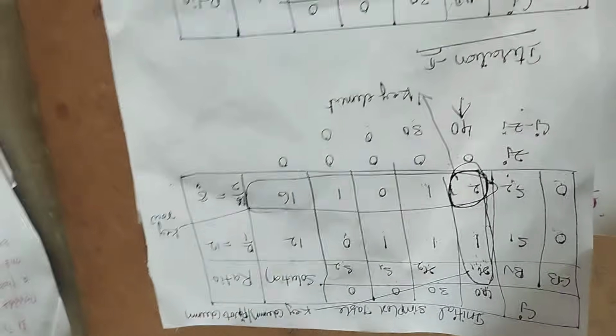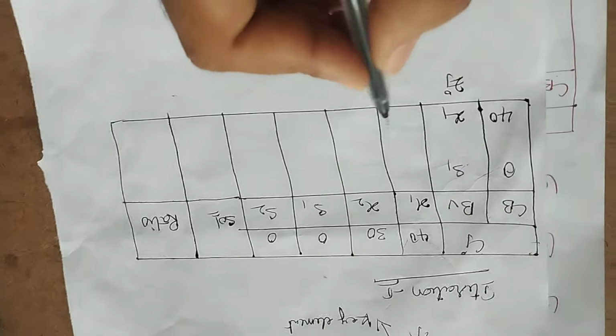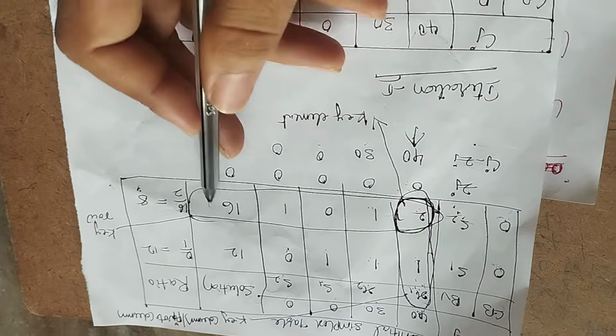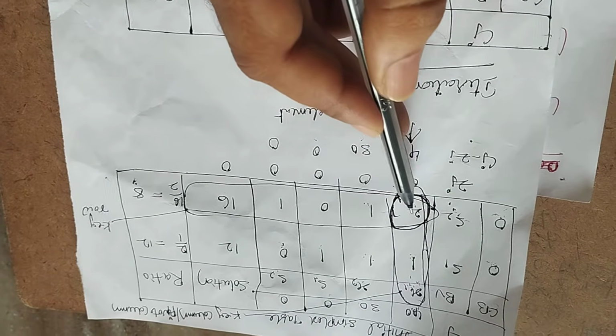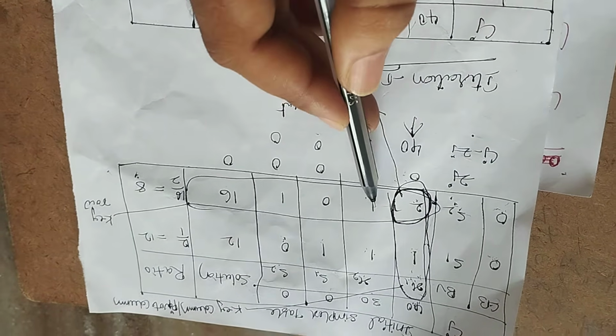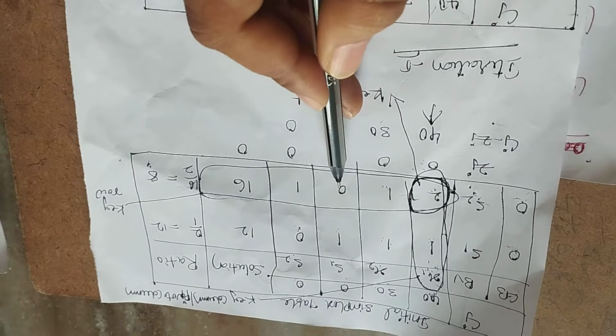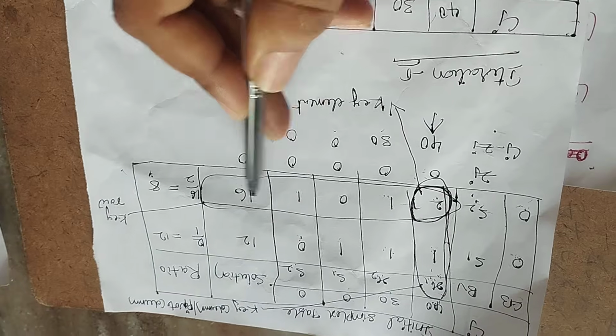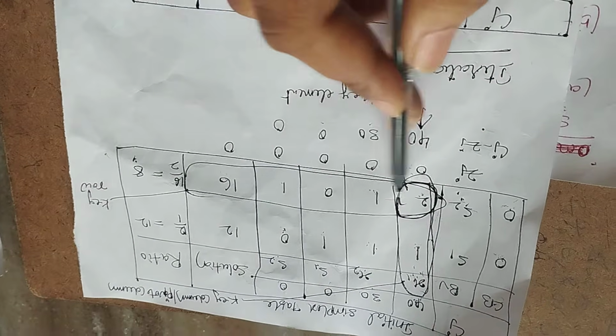So how do we write the new value? This new row value can be written by dividing the entire row by the key element. That means 2 divided by 2, 1 divided by 2, 0 divided by 2, 1 divided by 2 and 16 divided by 2. Divide the key row with the key element.